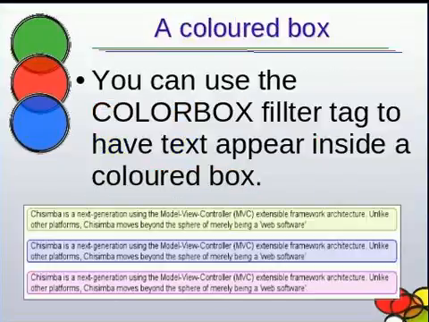I'm not going to go too much into them again, but one of them is colored box. You can use the colored box filter to have text appear inside of a colored box, and you can see at the bottom there's three boxes, a green one, a purple one, and a pink one, I guess.